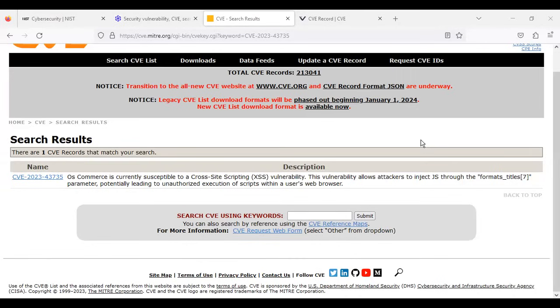There are bodies that have come together to put together CVE, known vulnerabilities, for a very long time, since 1999 or thereabout. They've put them together as documentation where you can read the description of these vulnerabilities.